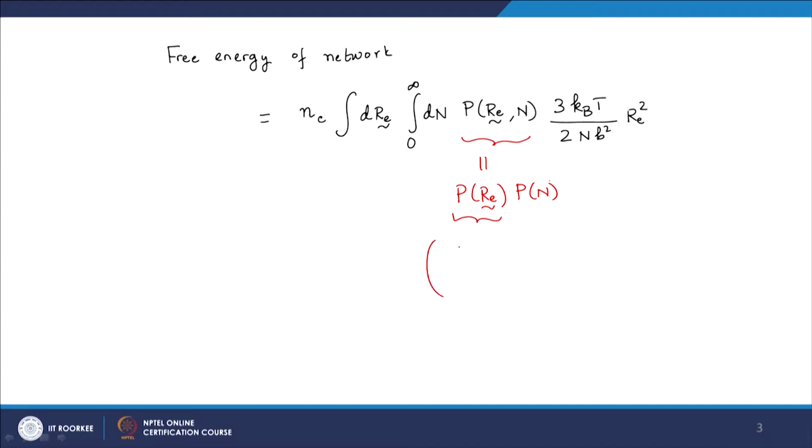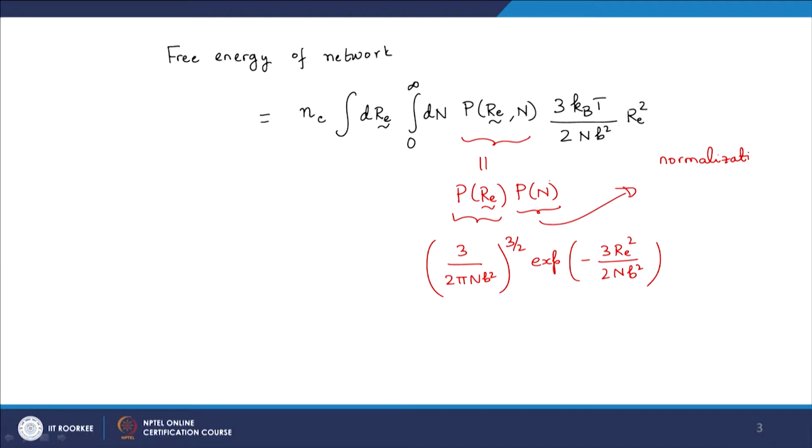It is a Gaussian function. And this we have not quite derived, but it should satisfy the normalization, because ultimately the probabilities must normalize to 1. So, we know at least that thing about this function.